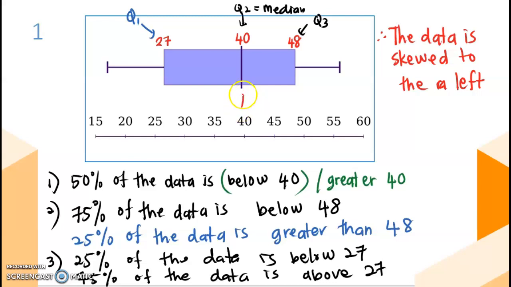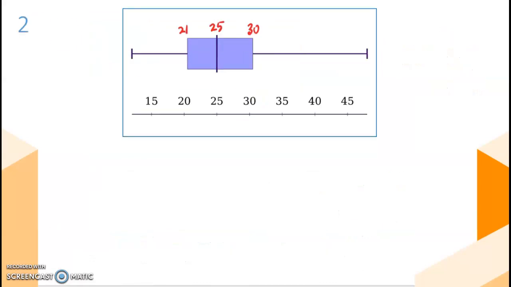We are going to look at the median. Diagram 2, we have median 25, Q1 21 and Q3 is 30. So our data interpretation number 1, let's say we use the Q1. So Q1 is 25% of the data, so this one is 25%.